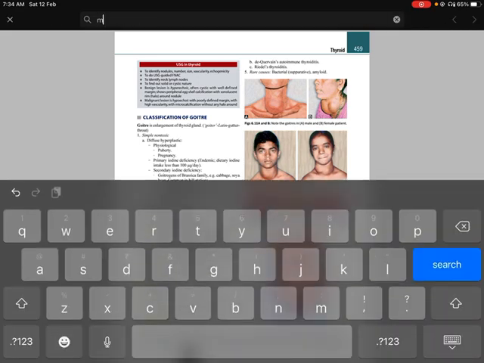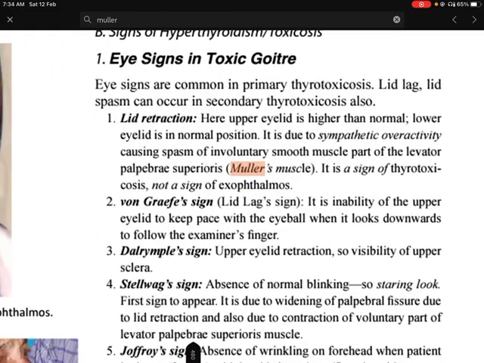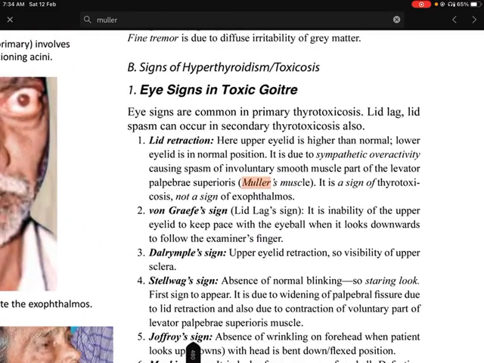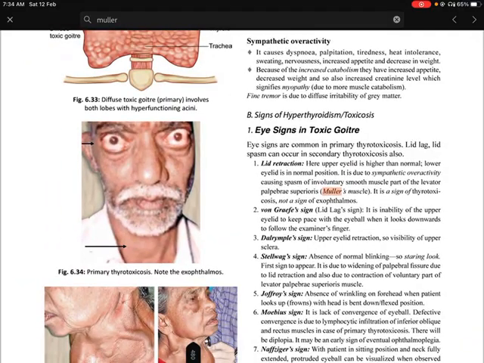Lid retraction here: the upper eyelid is higher than normal, and the lower eyelid is in normal position. It is due to the muscle part of the levator palpebrae superioris, which is a Muller's muscle, and is a sign of thyrotoxicosis, not a sign of exophthalmos.